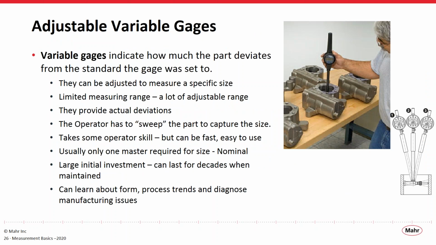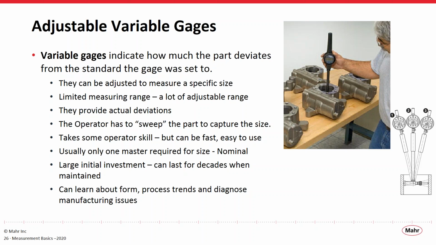So the first level of gauge is what we call an adjustable variable gauge, kind of like an adjustable bore gauge. It's adjusted to a specific size. It has lots of adjustable range, but you can limit it to a very small measuring range.